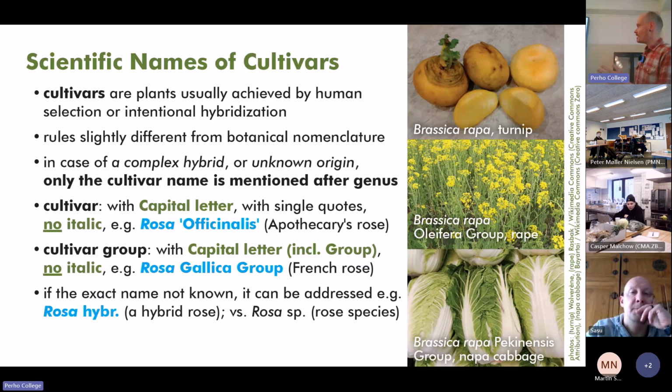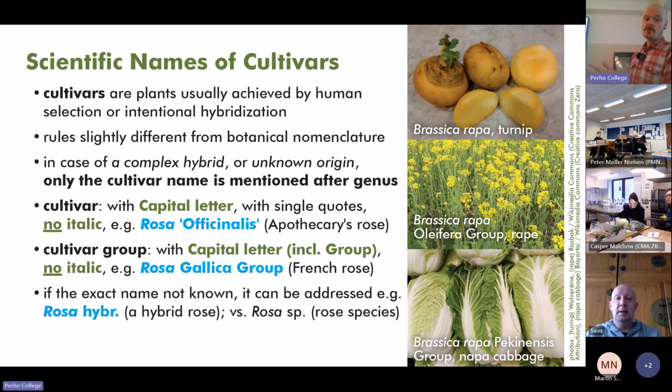There are some cultivars that must be handled as a group because there are so many different cultivars in it, and they might differ from each other very, very slightly, and sometimes they don't even have special names. That's when we talk about a cultivar group.